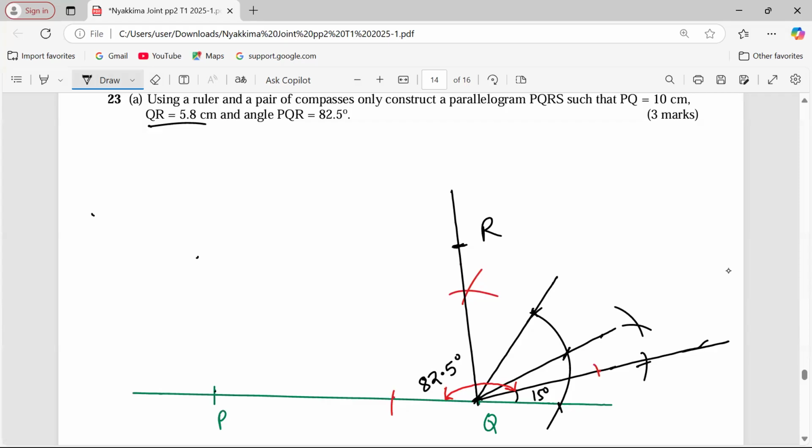Then we stand at R using 10 centimeters. The intersection of 10 and 5.8 is going to give us our point S. So we join the point S like that.